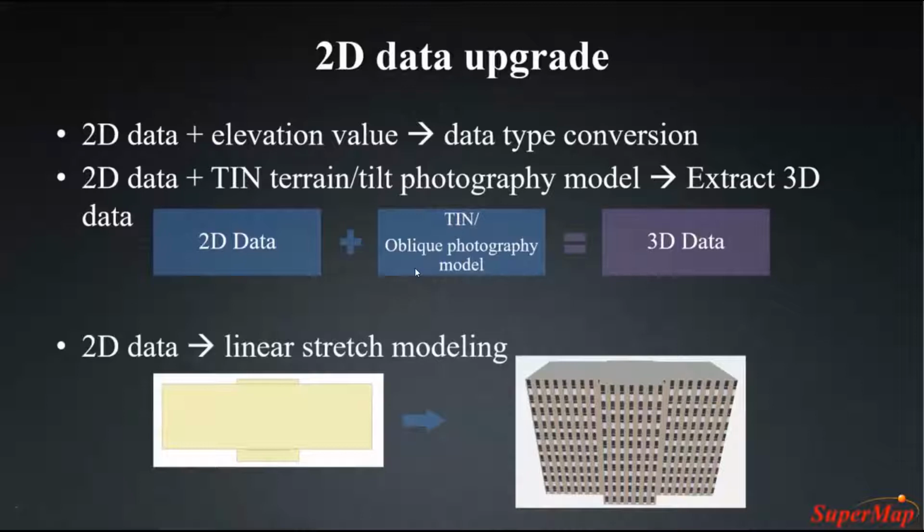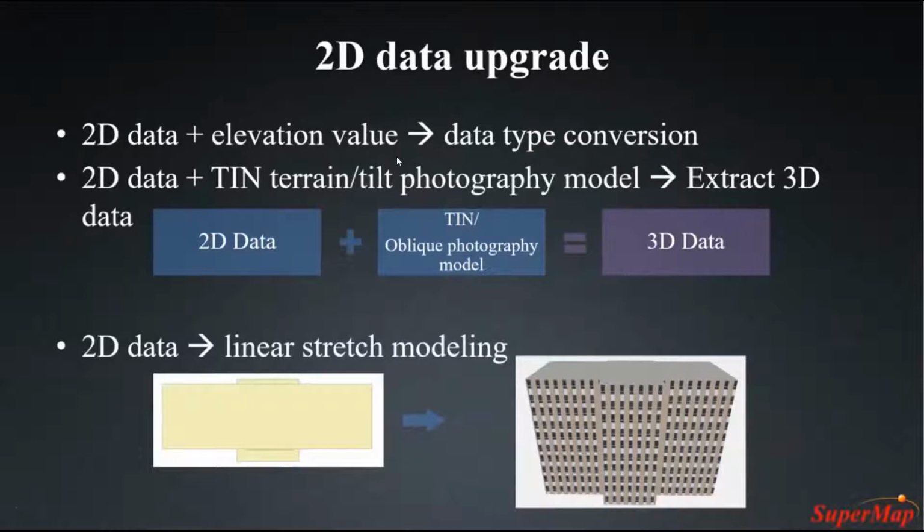The first is if you have the 2D data and the elevation value, you could do the data type conversion to convert it from the 2D data to the 3D data.